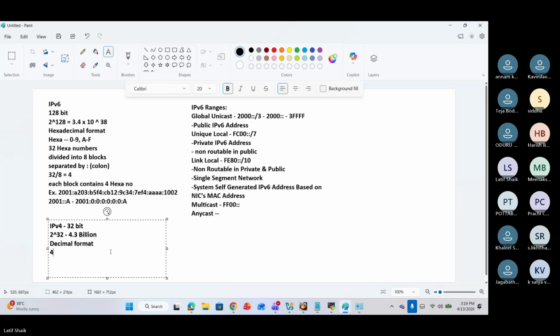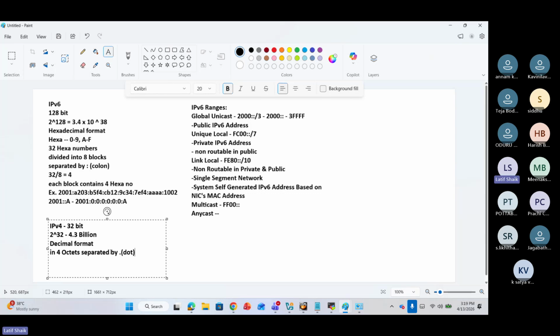In IPv4, 4 octets are there, separated by dots. In IPv6, we have 32 hexadecimal numbers divided into 8 blocks, separated by colons. So we have 4 octets separated by dots, and here 8 blocks separated by colons.